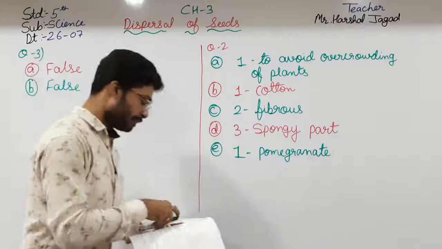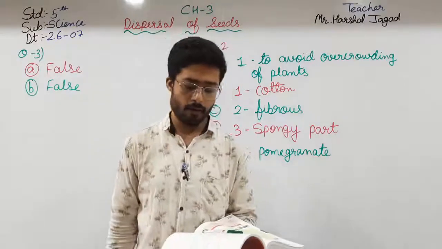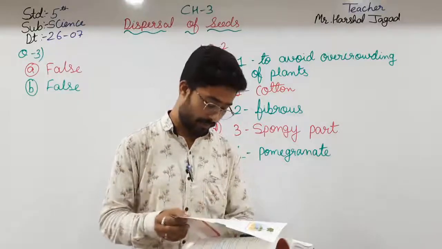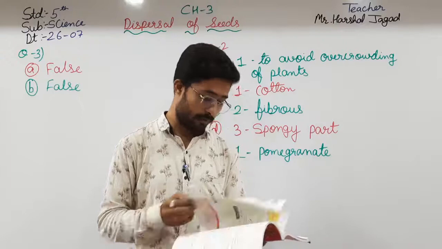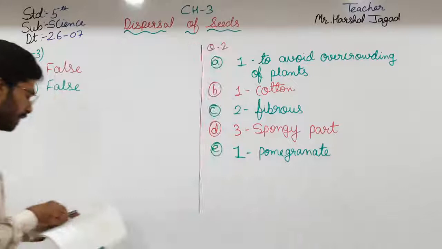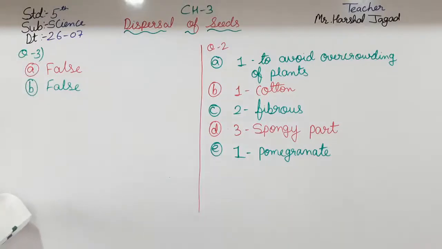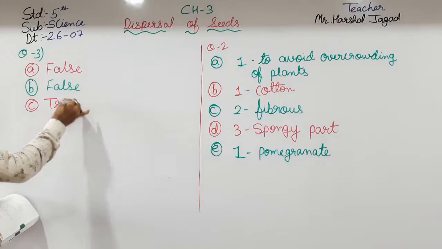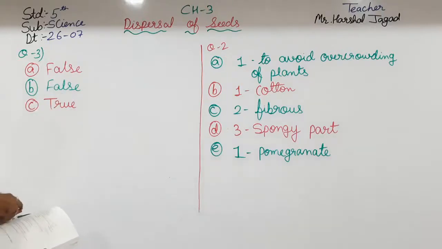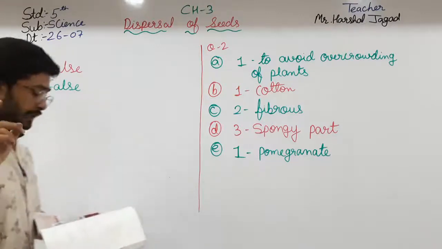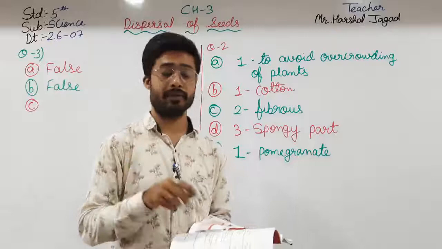Then after, C, the seeds of sycamore have a wing-like structure. Yes, they have a wing-like structure that rotates. That is true. Then after, D, it will be false, because its seeds do not have a wing-like structure.